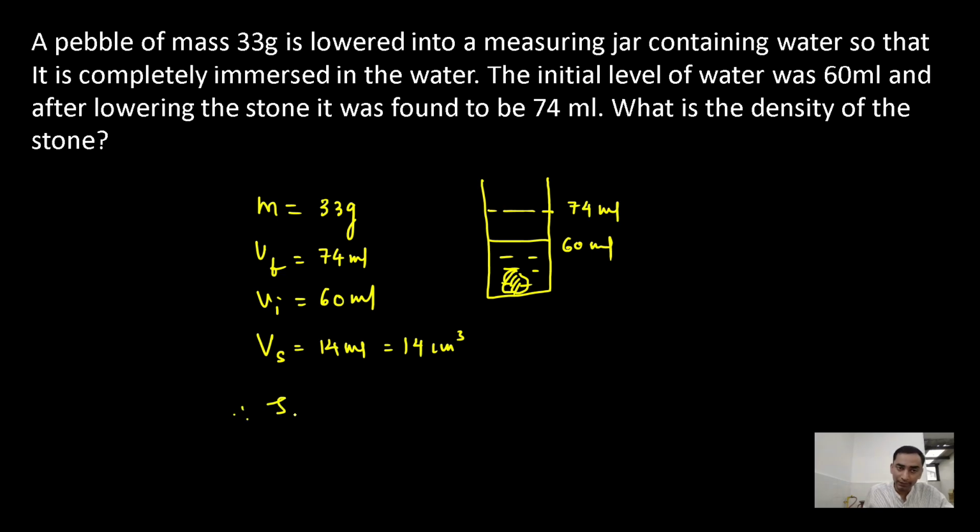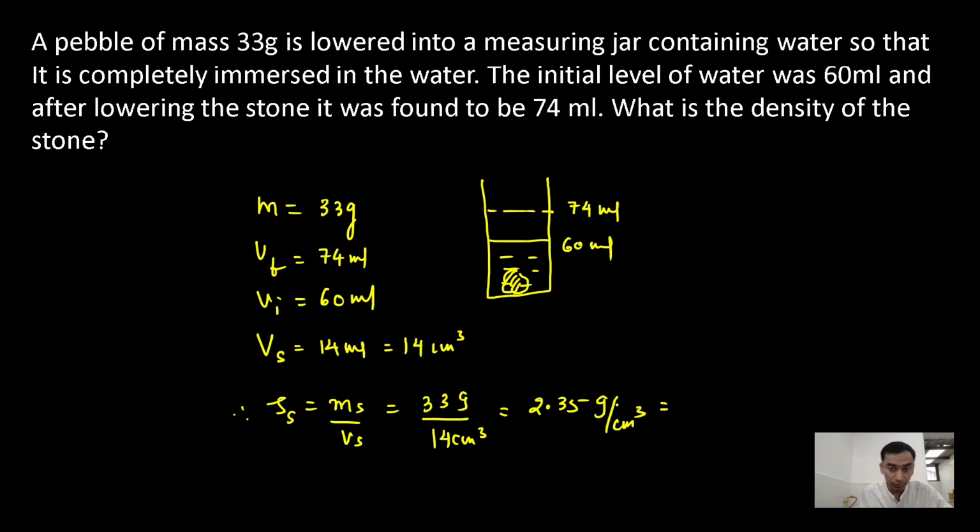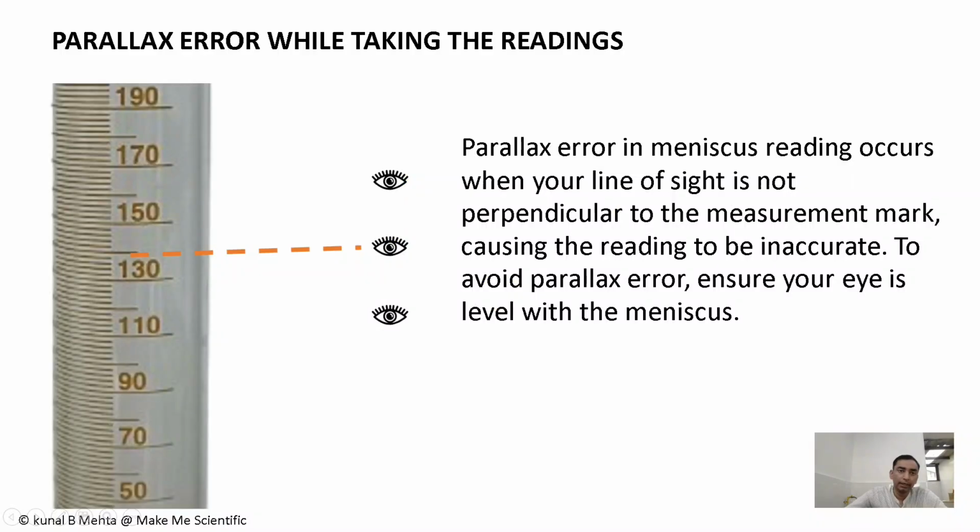So from here we can find the density of the pebble or the stone: mass of the stone upon volume of the stone, that is equal to 33 grams divided by 14 centimeter cube, and the answer would be somewhere around 2.35 gram per centimeter cube. If I'm being asked to write this answer in SI unit, I will multiply this number by 1000. So 2350 kg per meter cube is the answer to the problem.